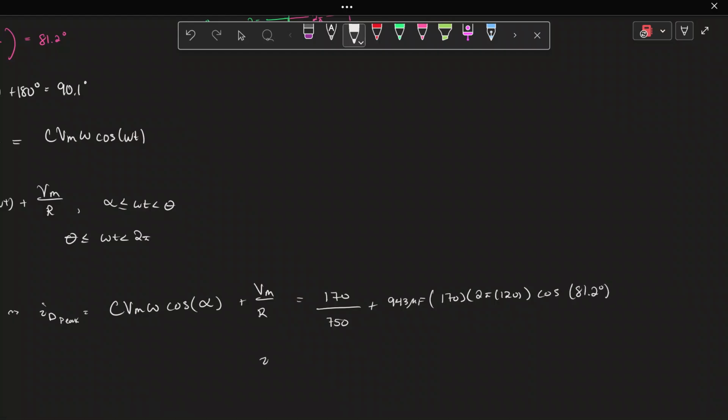And what we get is ID peak is going to be equal to about 18.7 amps.